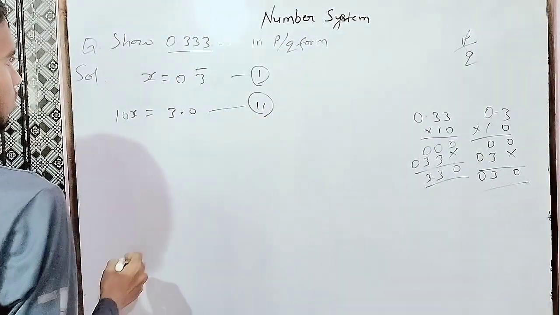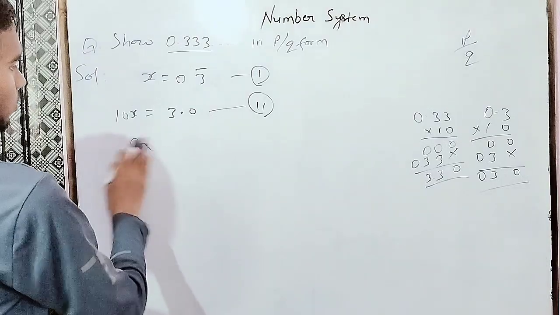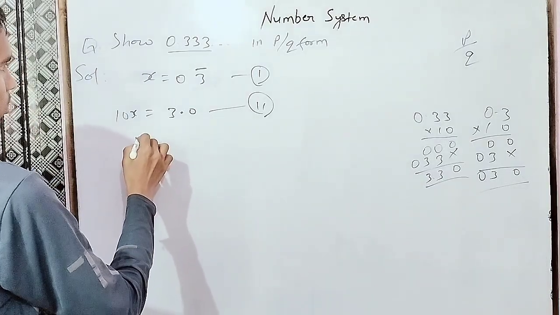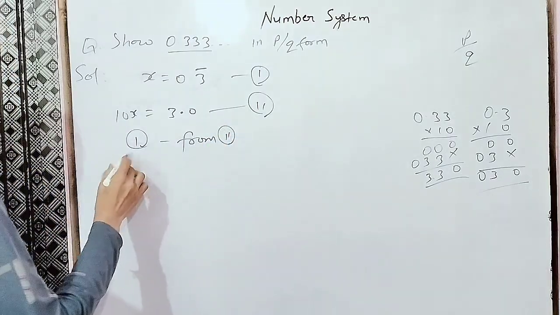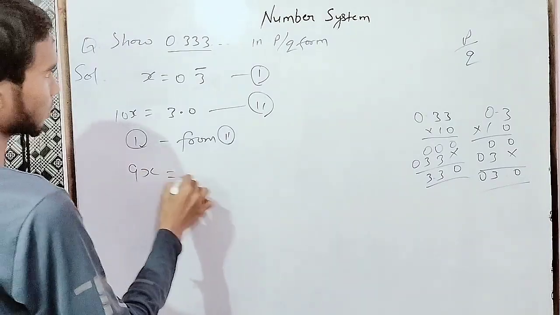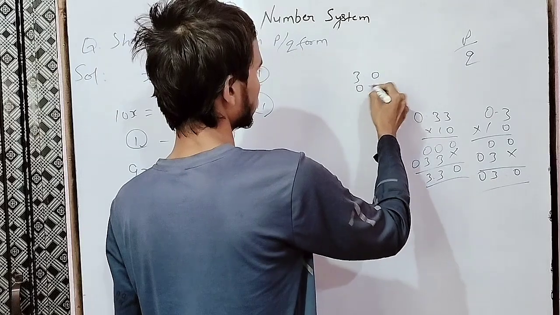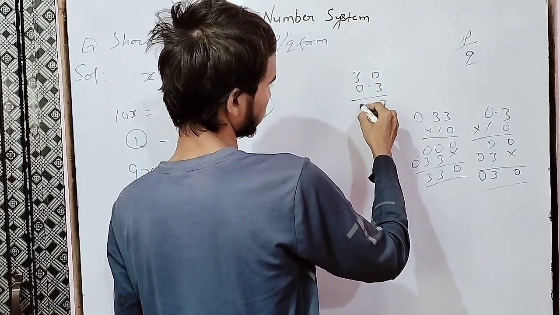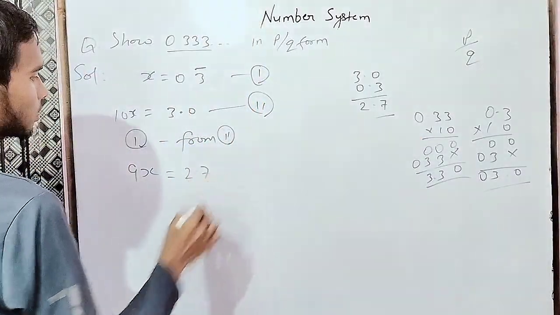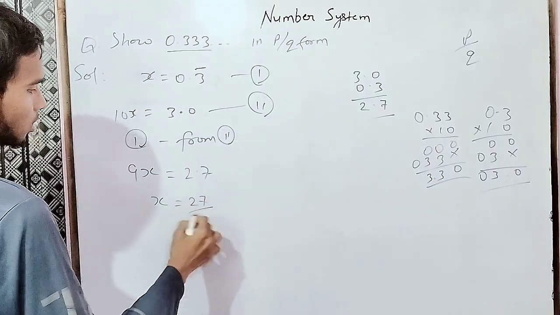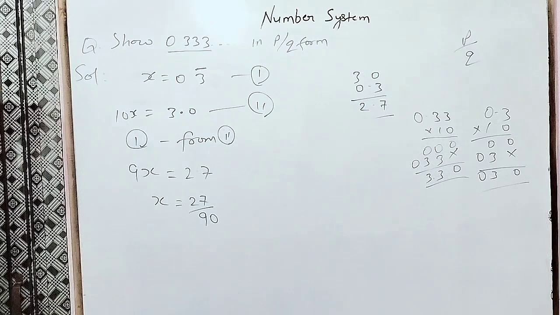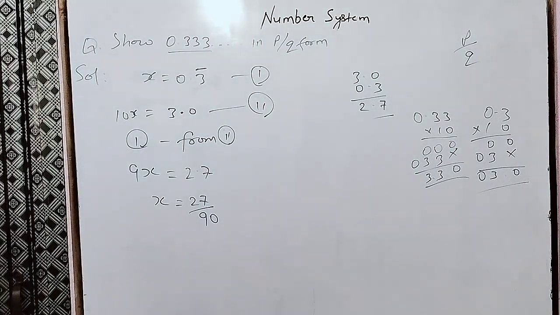Now this is equation 2. This will become 9x, equals 7, and this 2.7. Is that correct?